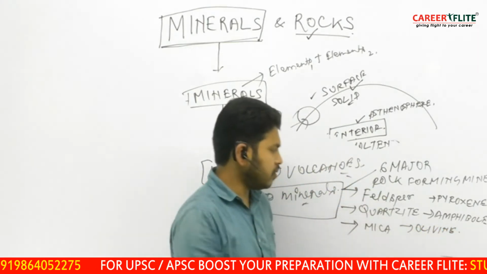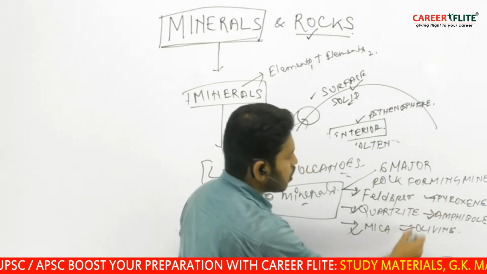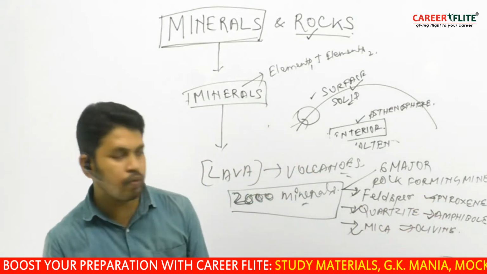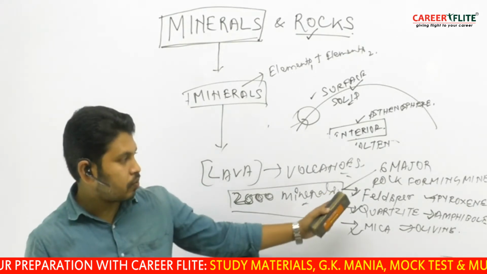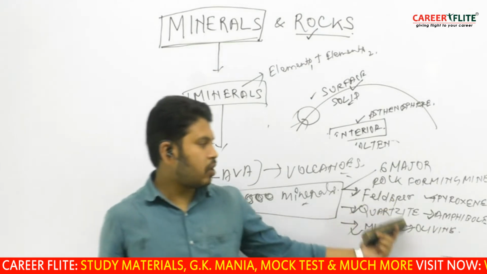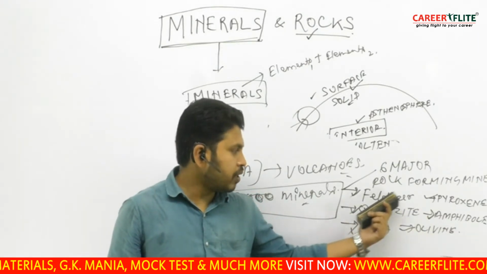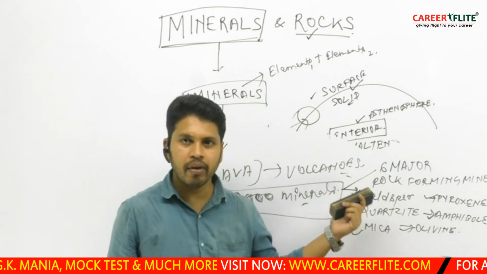So these are the six major groups of rock forming minerals. In the rock we can find either a combination of all these minerals or any one of these minerals.